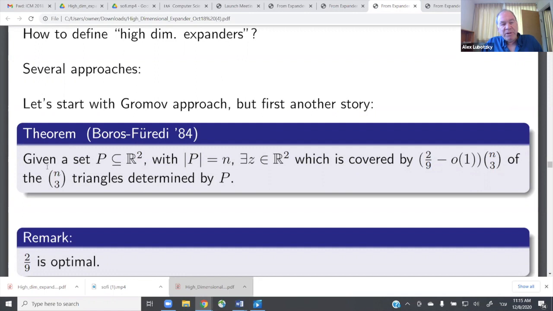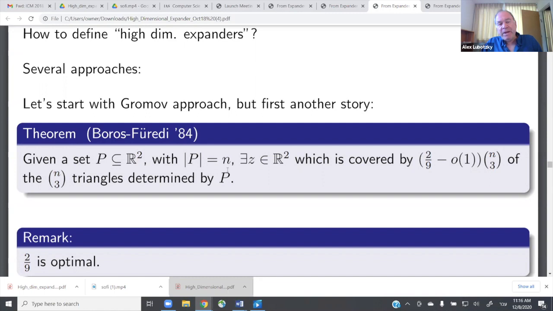It says the following: given a set P in the plane with n points, now draw all the triangles on that endpoint set. Once you have n points, you can draw n choose 3 triangles.